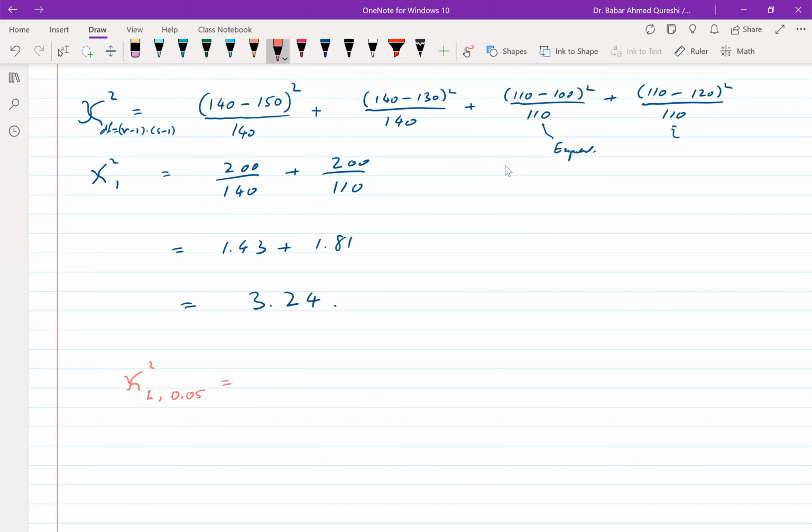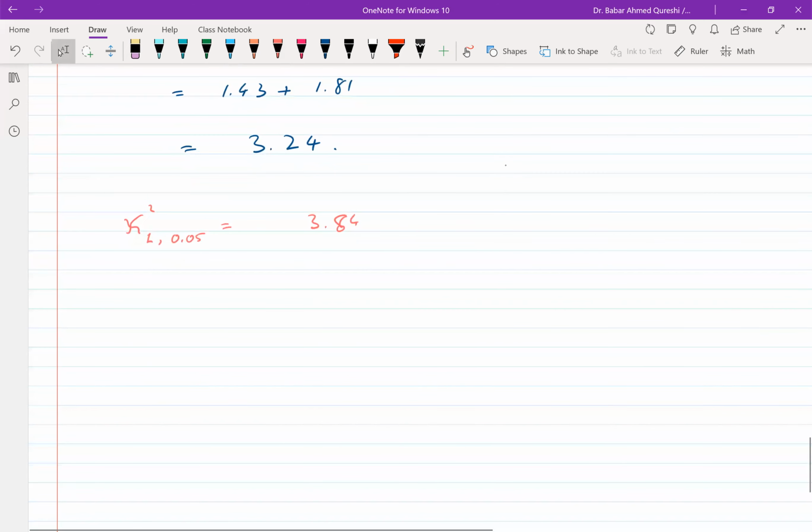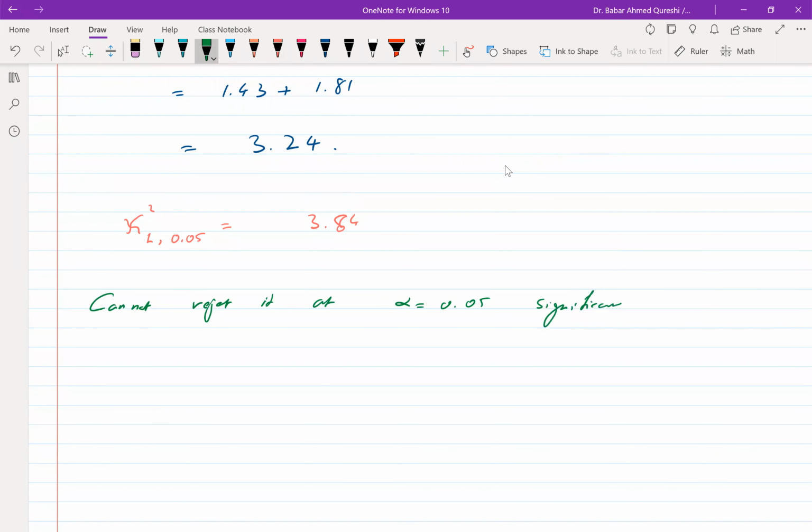That gives me a number equal to 3.84. So cannot reject it at alpha equal to 0.05 significance. But it's actually very close to it.